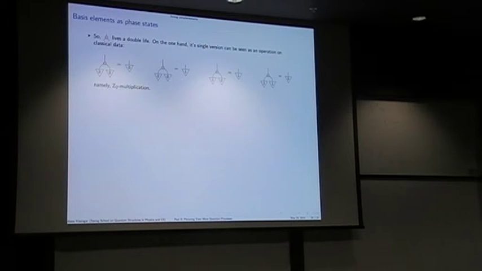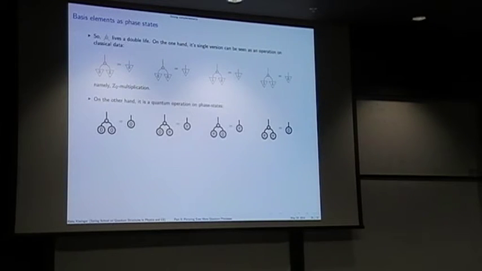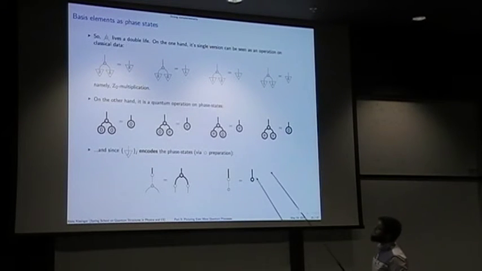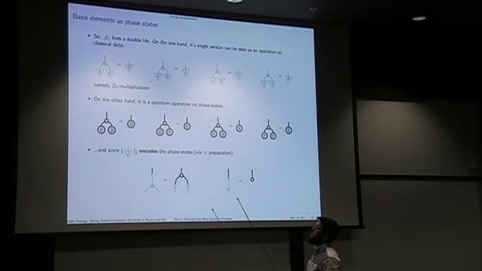In general, it's a classical group multiplication operation. On the other hand, it's a quantum operation that goes from 2 phase states to another phase state. And these 2 roles that gray plays are related to each other via this white preparation.